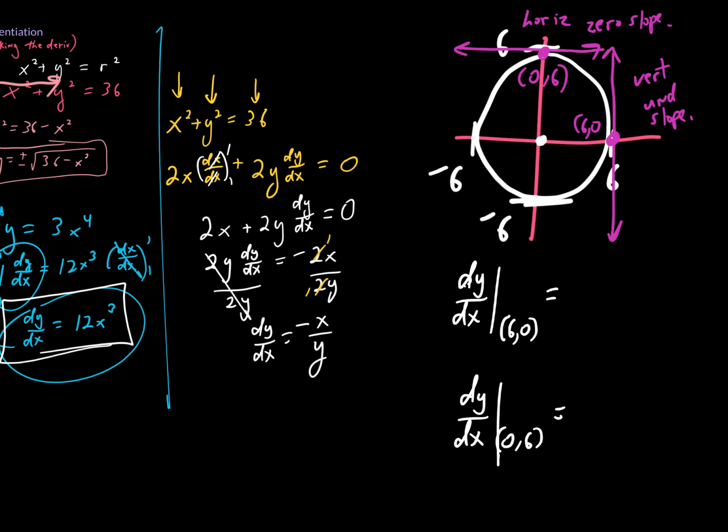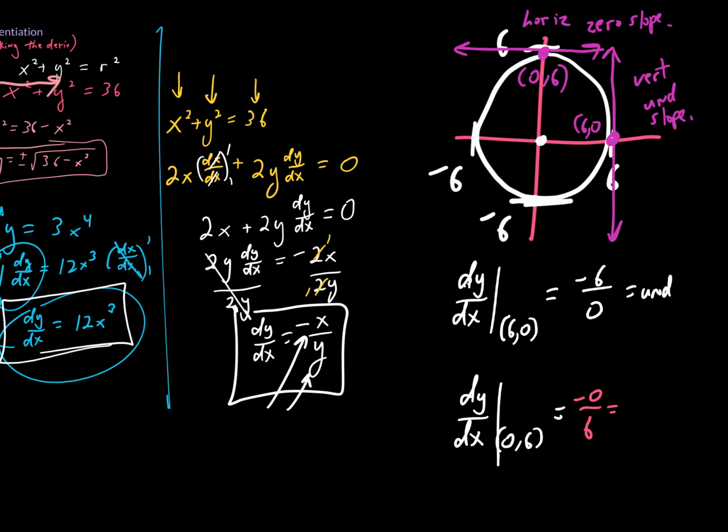Now that our derivative looks like this, this is the first time we're going to be using x's and y's to find our derivative. The negative x goes up top, which means it's a negative 6, and the y value goes below, which in this case is 0, and that makes sense because at that point our slope is undefined. Let's try the other one. Now 0 is my x value and 6 is my y value, and if you plug them in, that equals 0, which is what we just said.